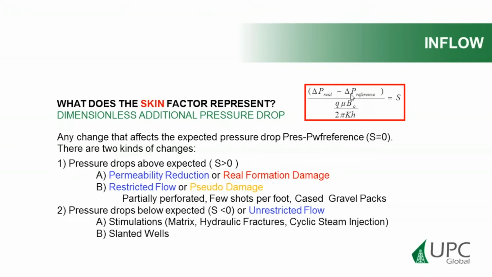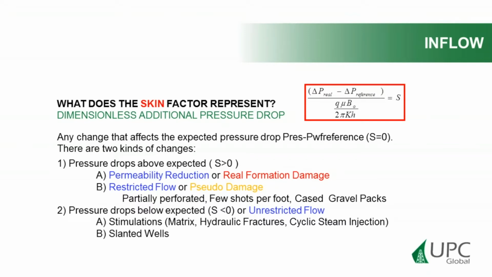When the pressure drop is greater than expected, the real is greater than the reference, then you have a positive skin. When the pressure drop is below the expected, you have a negative skin. When you have a positive skin, the reason is permeability reduction or real formation damage, or it could also be restricted flow, a pseudo damage created by partial perforations.